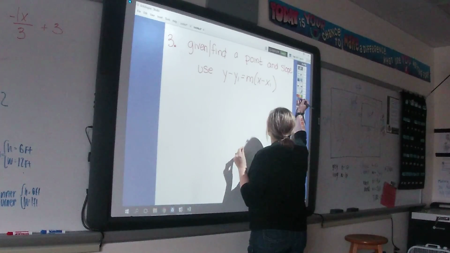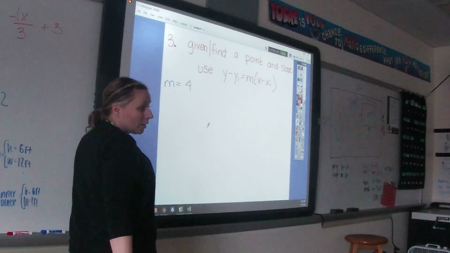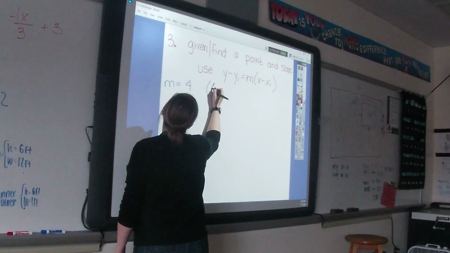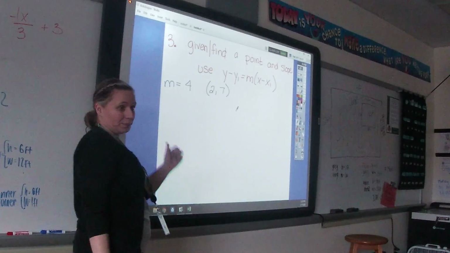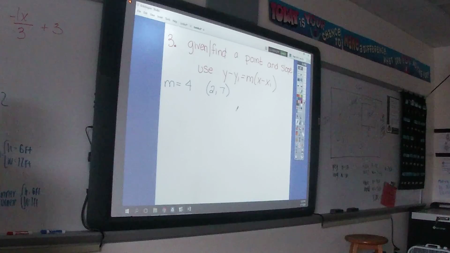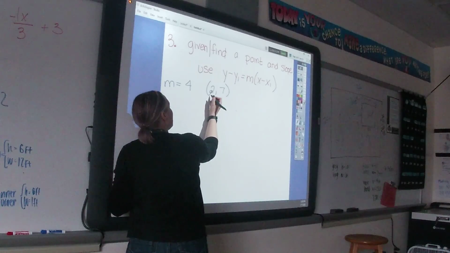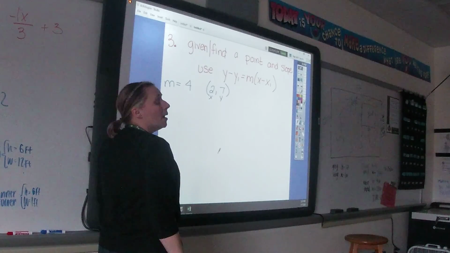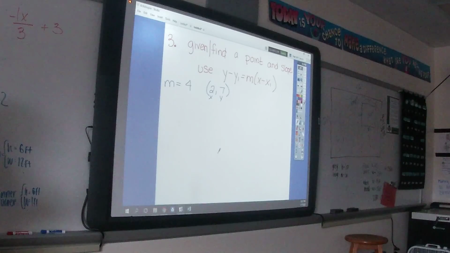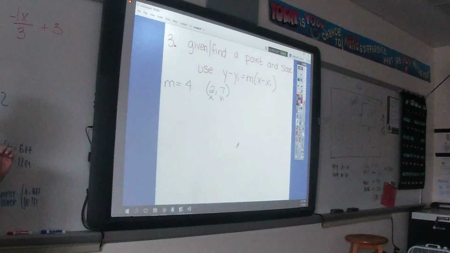So let's say we are given m equals 4 and the point 2 comma 7. Do we think that this is enough information that we could start plugging into this form? Yes. Where our ordered pair here is x comma y, but remember this is a specific ordered pair, so this is going to be x sub 1 comma y sub 1.